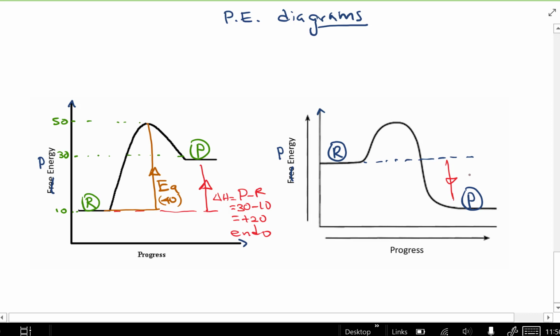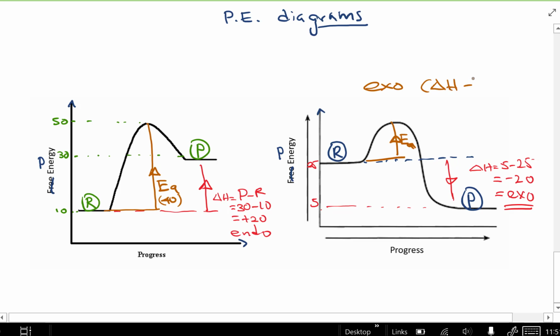So that means it travels downward. The delta H is 5 minus 25. That's a minus 20. It's losing heat, exothermic. Here the activation energy is less. That's why exothermic reactions are in one way easier to happen. And endothermics are harder because you have to give more energy for the activation, right?